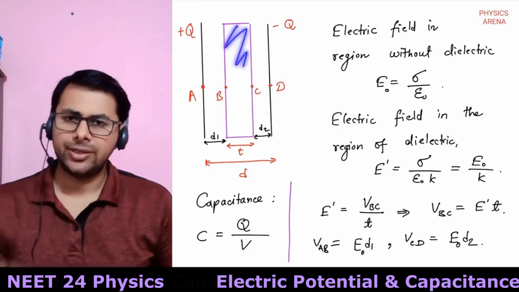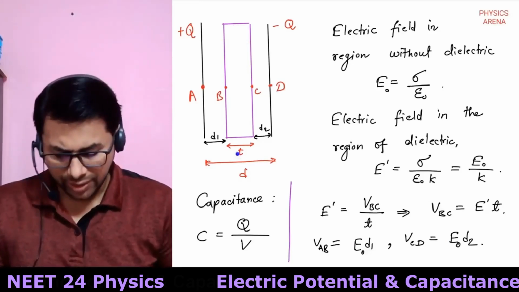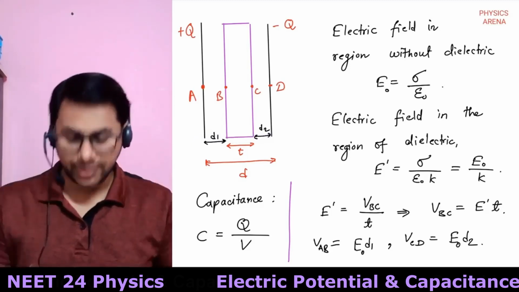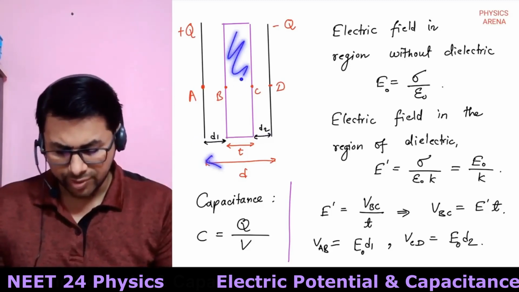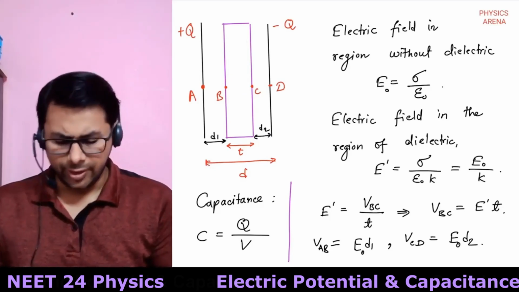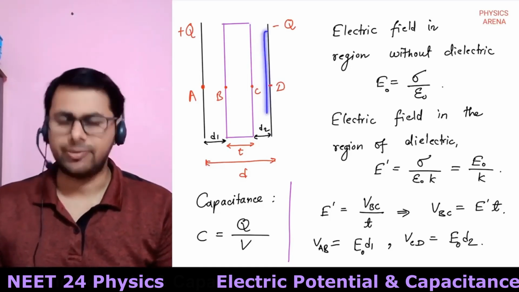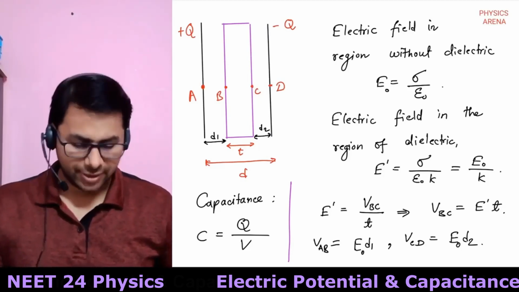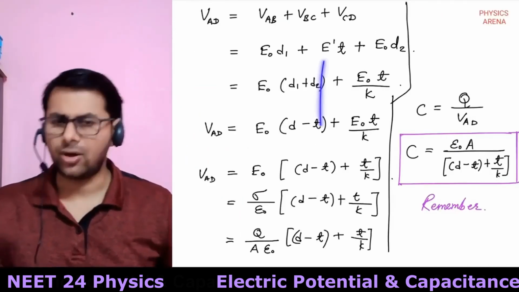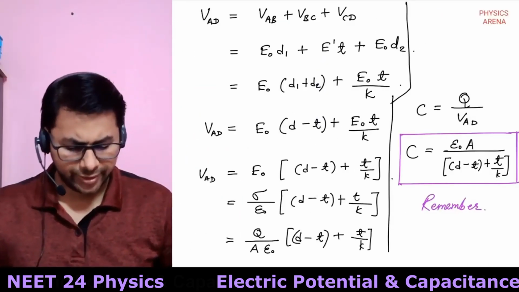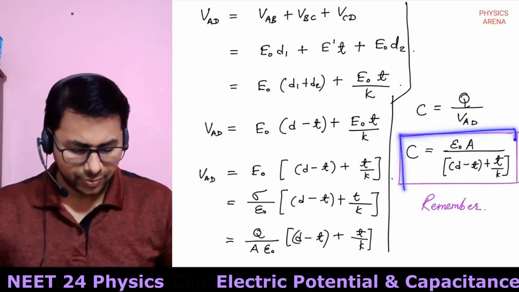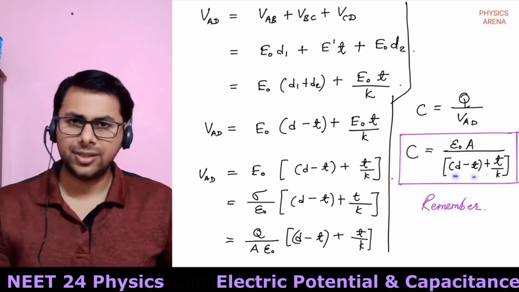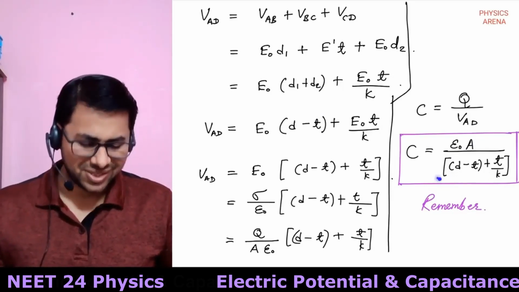So suppose you insert a dielectric slab having thickness equal to T. The total distance between the two plates is equal to D, the thickness of this slab is equal to T, and the area is equal to the area of these plates. So what happens to the capacitance? Once again, there is a long derivation, we don't need it. So capacitance becomes epsilon naught A upon (d minus T plus T by K).